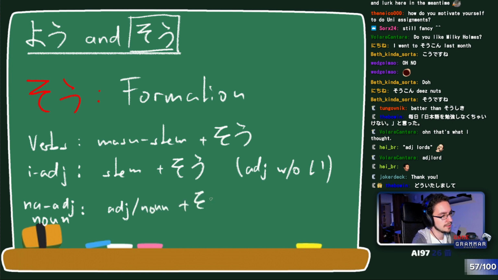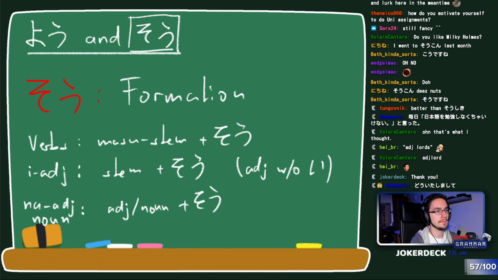And there's really not much else that needs to be done here. Okay? So let's keep this in mind. Masu stem plus so. I-adjective, the stem plus so, which is without the i at the end, not any i. And non-adjectives and nouns, it's just the word and then so. Okay, that's as far as the formation goes.